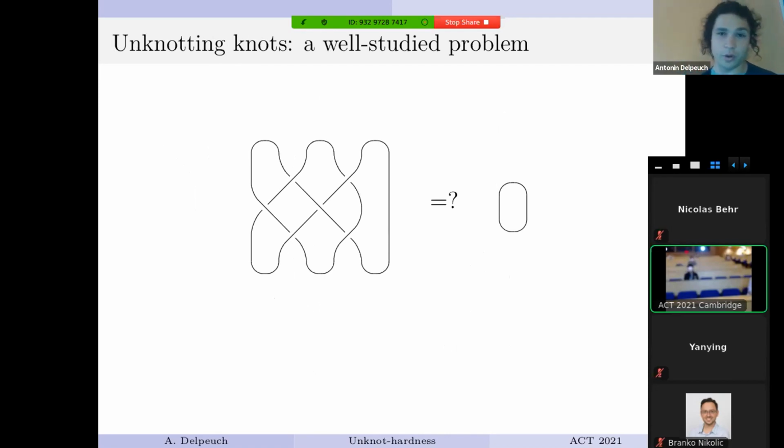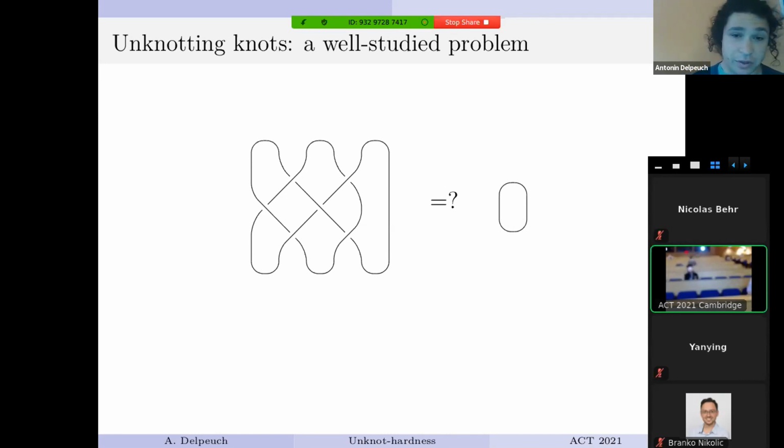So the unknotting problem is a very old and well-studied problem in knot theory, where you have a knot, which is the embedding of a loop in 3D, which is well behaved in some ways that I will spare you the details of. And then you have a notion of 3D isotopy, which is again complicated if you want to state it properly, but you can have a very good intuition of what it should be. And then the question is: is your knot isotopic to the trivial embedding of a loop in 3D?